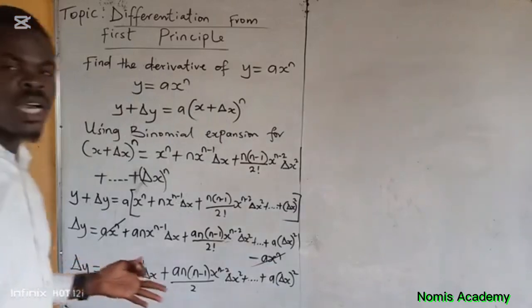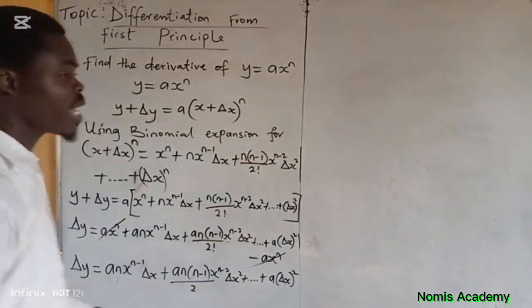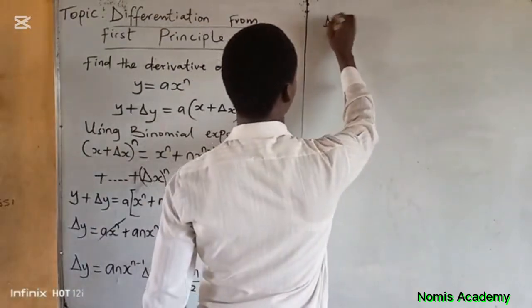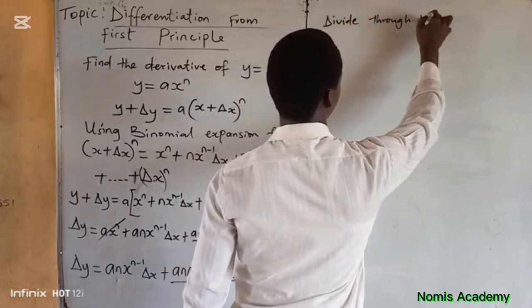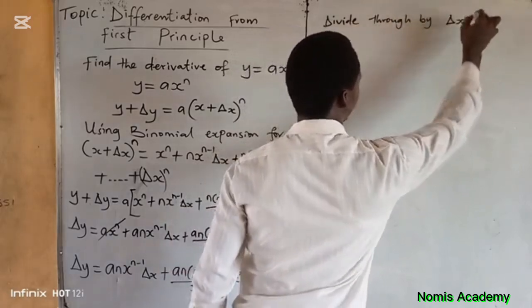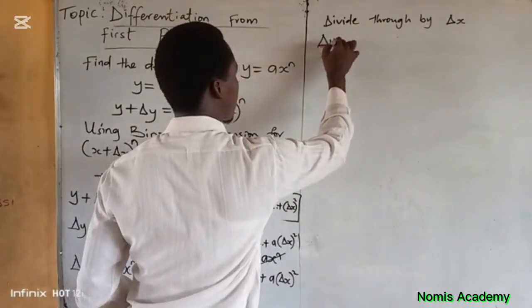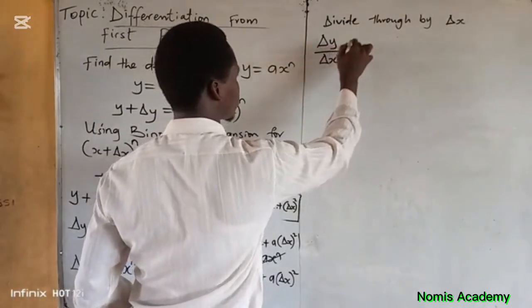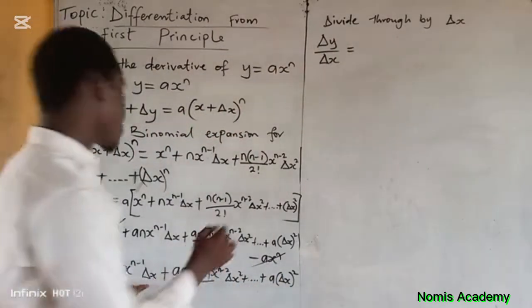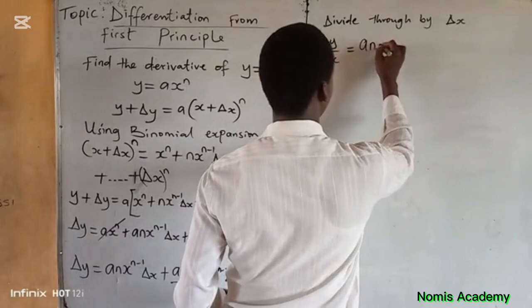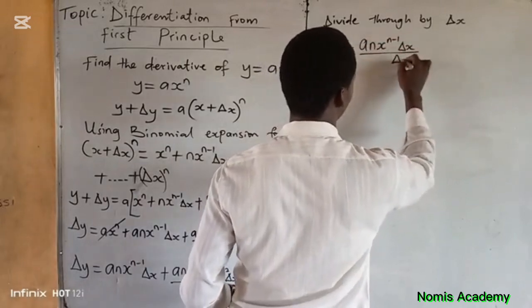Now we can divide through by delta x. Now to do that, we have delta y all over delta x equal to, now the first term, a n x n minus 1 delta x divided by delta x.